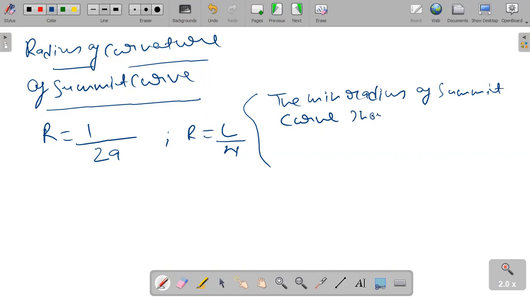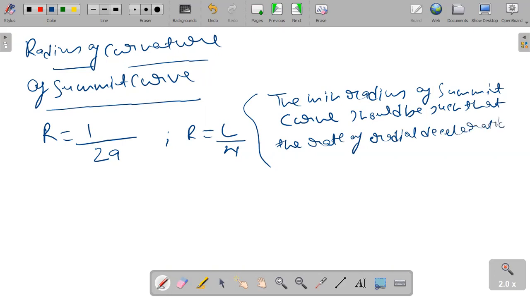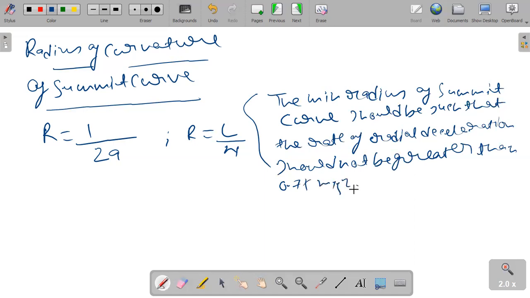So there is a limiting value for R, which is R equal to 0.278 V whole square upon 0.75.